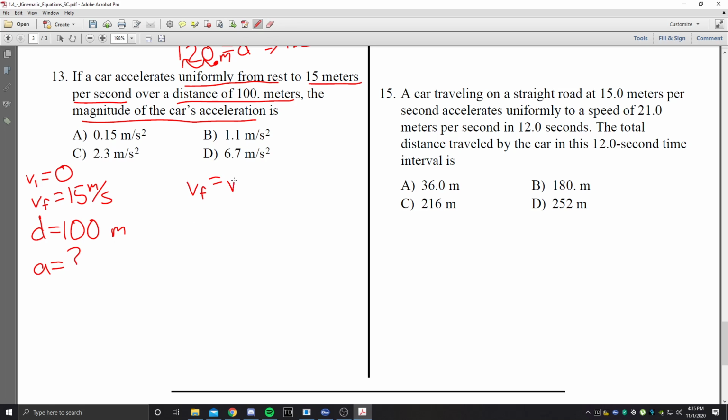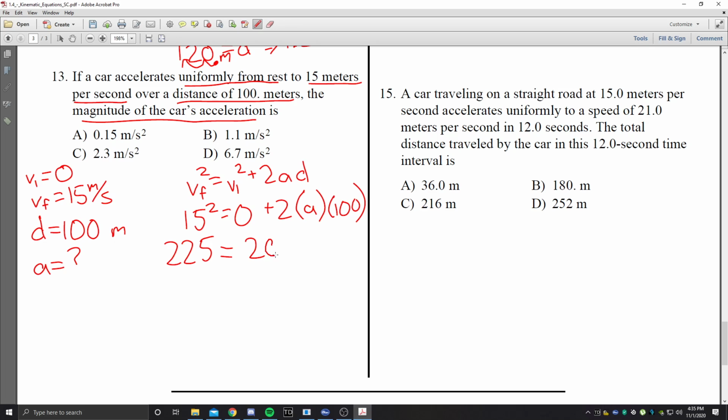So when you use this formula, 15 squared is 225. 2 times 100 is 200.